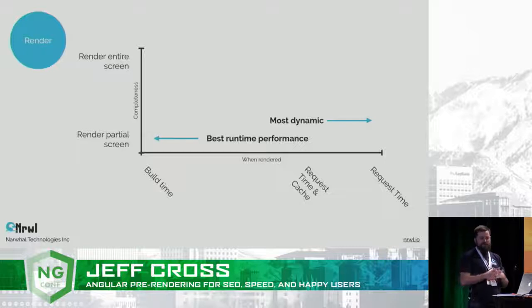But the trade-off is that at request time, you can make everything dynamic. You can look at the user, you can look at their locale, you can look at whatever fresh data you have and serve it with the request at the cost of higher runtime cost. You'll have to do more computation when serving each request, so it's going to add more time to the user downloading that.